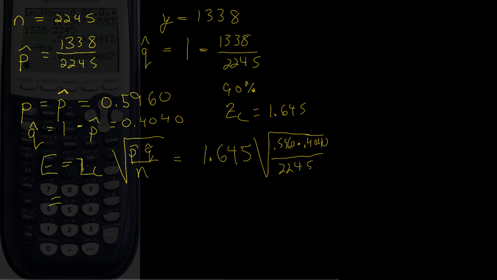So let's bring up our friend the calculator, and let's make sure we have our numbers right here. I'm going to have 1.645 times the square root of 0.5960 times 0.4040 divided by 2245.